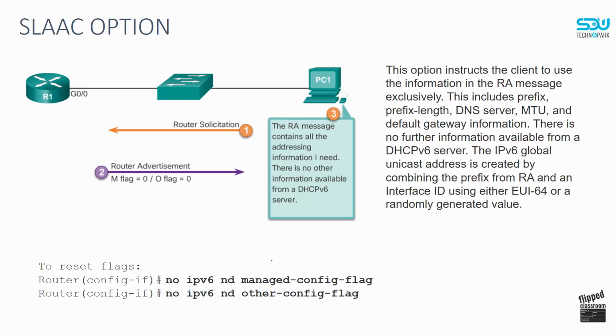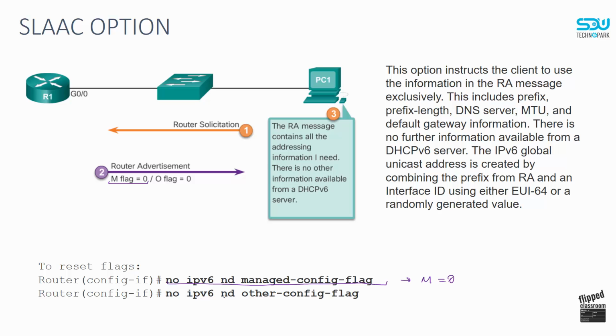So let's take a look at the commands which we can give in our router configuration. When we want to define the flags for the first variant, we have to type no ipv6 nd managed-config-flag. It means that M will be equal to 0.